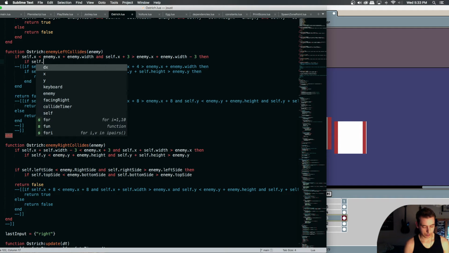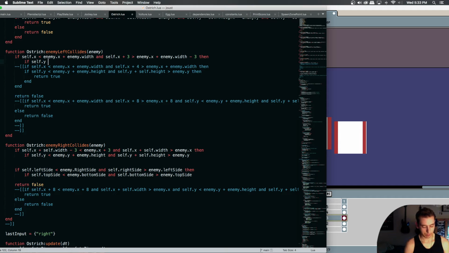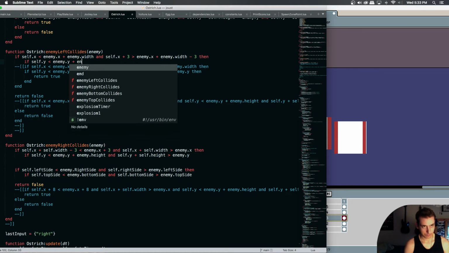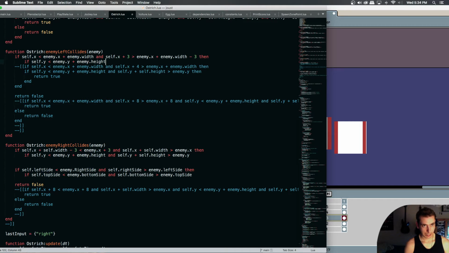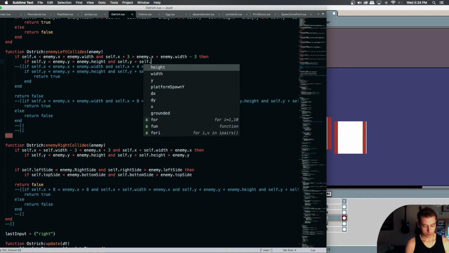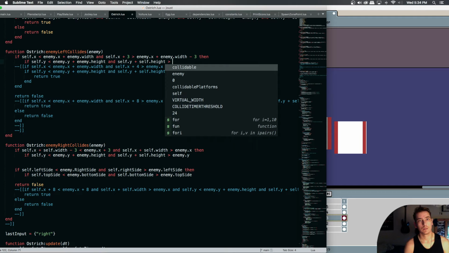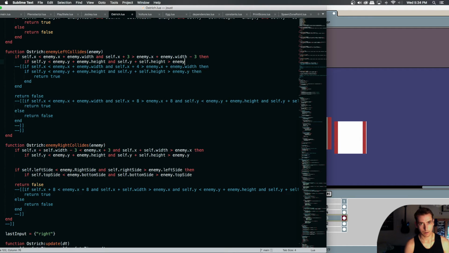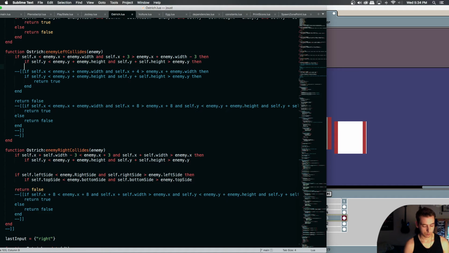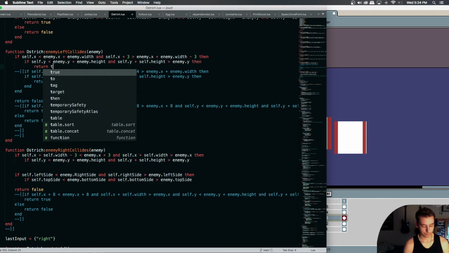And then we need to see if the top of our ostrich was smaller than the enemy's bottom, and the bottom of our ostrich would have to be greater than the topmost of our enemy. If all those are true, return true on this function.